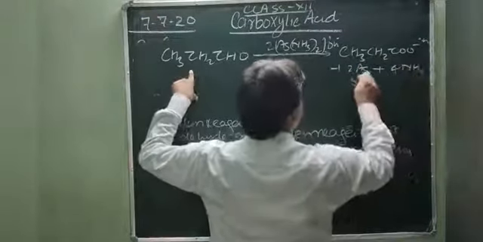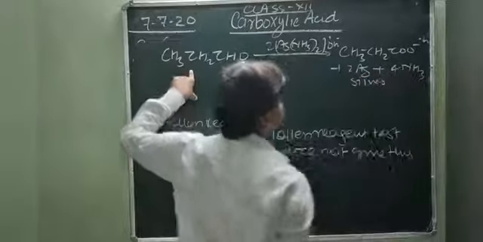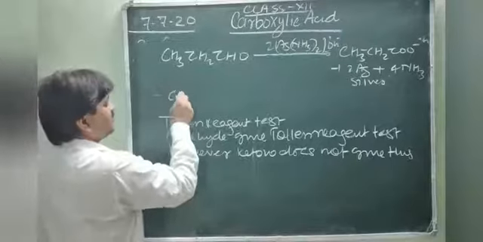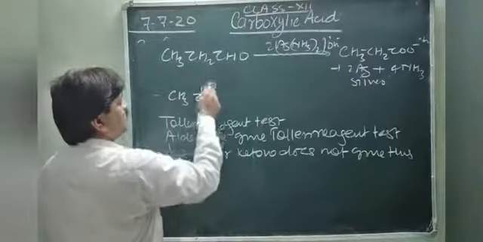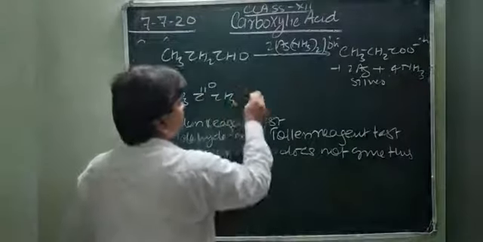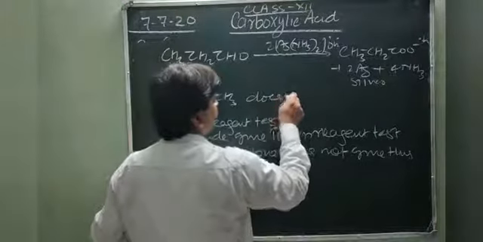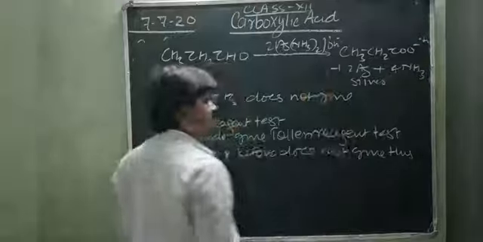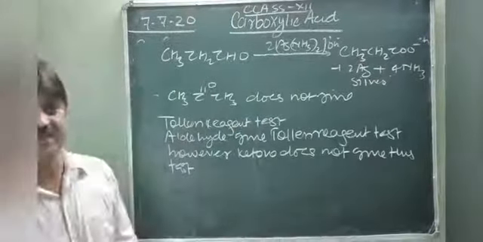This is the silver mirror test. Whereas the ketone CH3COCH3 does not give it. So chemically you can distinguish between the aldehyde and the ketone.